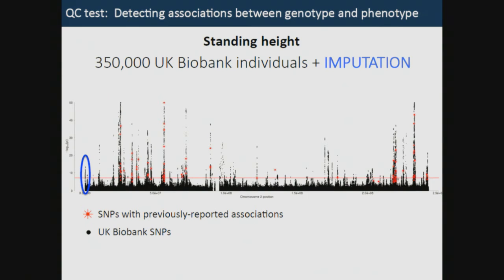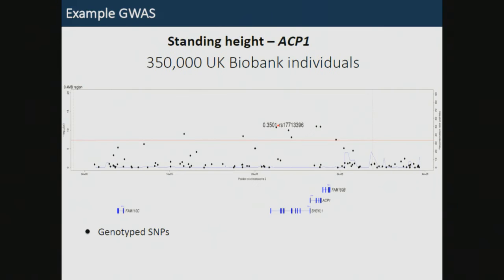Just to reiterate again, this is just chromosome 2. There are many other chromosomes, and they look just like this. So when this data is released, there is going to be, I think, a flood of novel discoveries along these lines for many, many different traits.